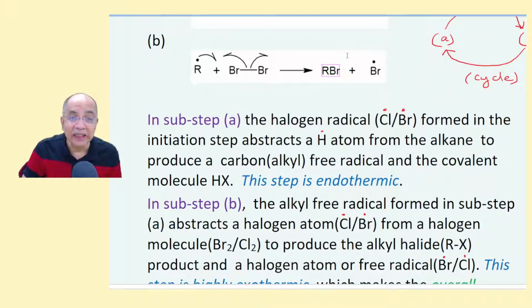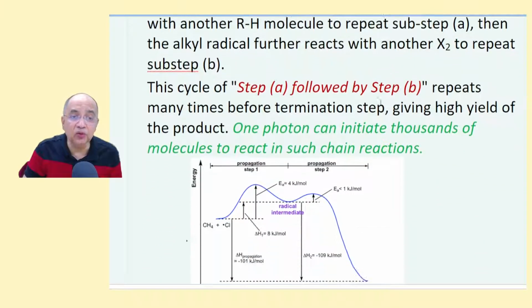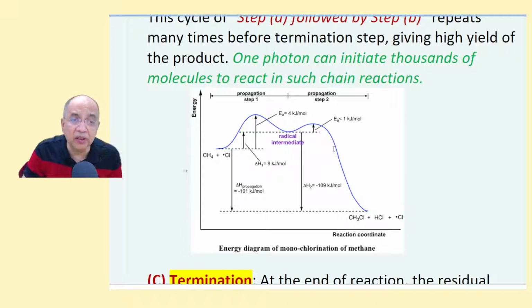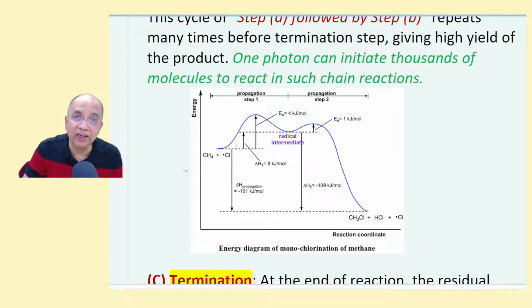Now, I have already told all these things, and I am showing you the energy profile, where this is the potential energy of the entire reaction process. This is the reaction coordinate, how the reaction proceeds with time. Suppose methane and one chlorine radical.